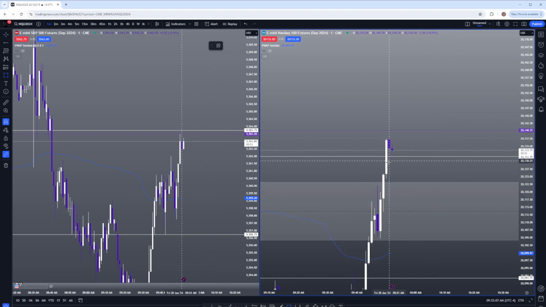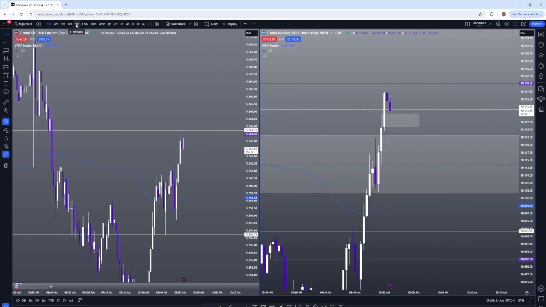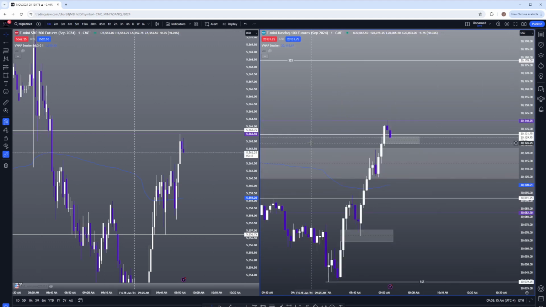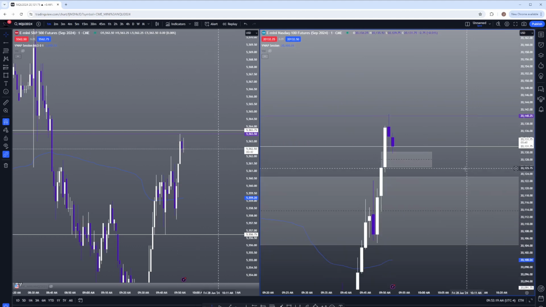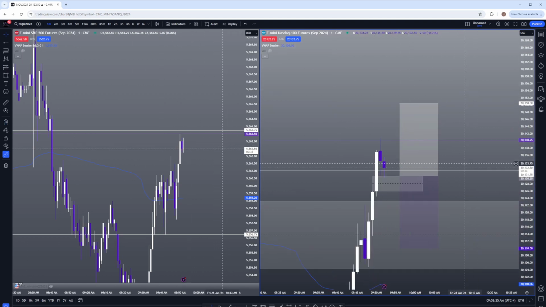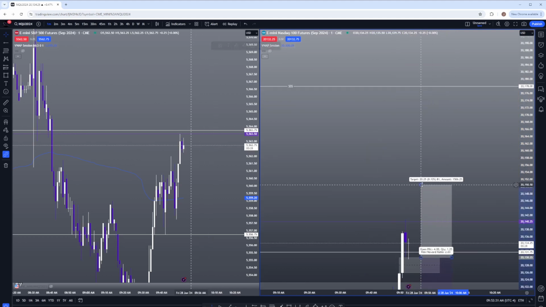Okay, 1 minute fair value gap formed down here. Now we have this range forming, so we do want to be careful of these 1 minute fair value gaps up top, just in case we want to retrace down into a discount of the range. But if we start seeing reactions off of this 1 minute, could be willing to look for a long opportunity up here to catch the high of the day.